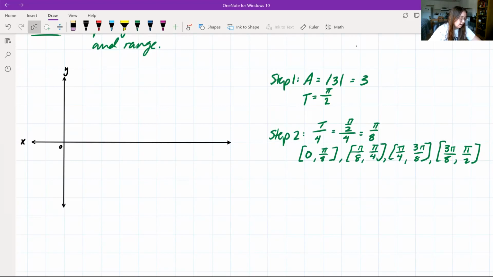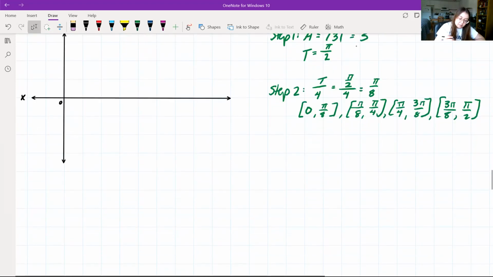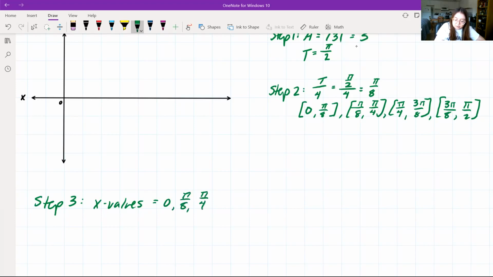When we move on to step 3, down here, using our subintervals, we can say that our x values of our key points would be 0, pi over 8, pi over 4, 3 pi over 8, and pi over 2.